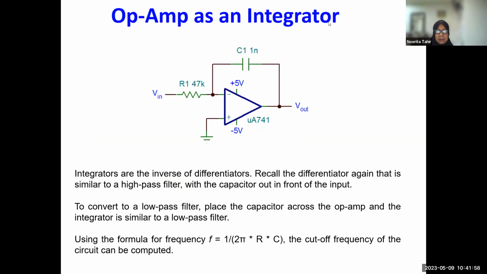Okay, op-amp as integrator, this is with values. Sorry, this one is not going up, you cannot see it. Okay, sorry. Op-amp as integrator is actually the opposite of the differentiator in the position here. Again, it uses the same frequency: f is equal to 1/2 pi RC.